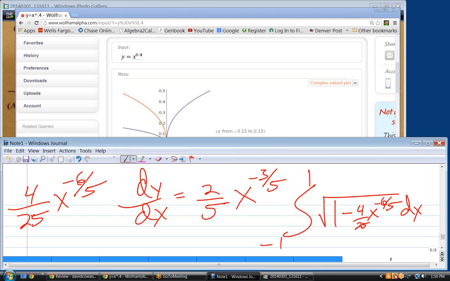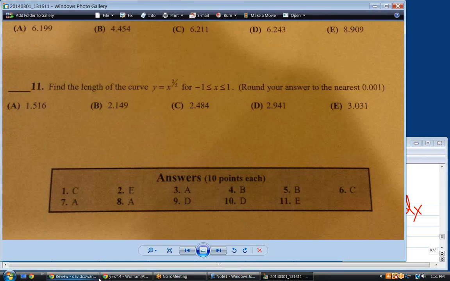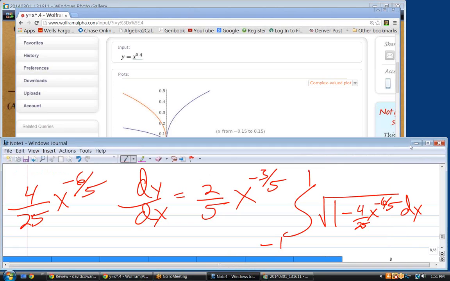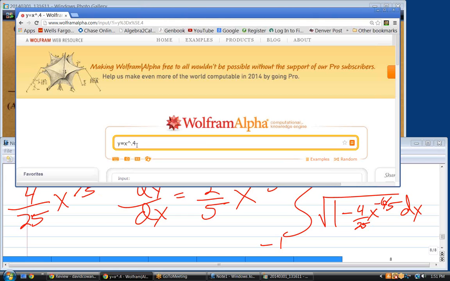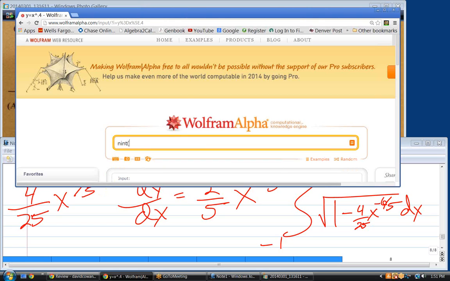I can see that it might be a little tough to put that in the NINT. Non-real answer. What's that? It says non-real answer. Let me put this into this. Wow. Let's see. See if I can figure out how to do it.